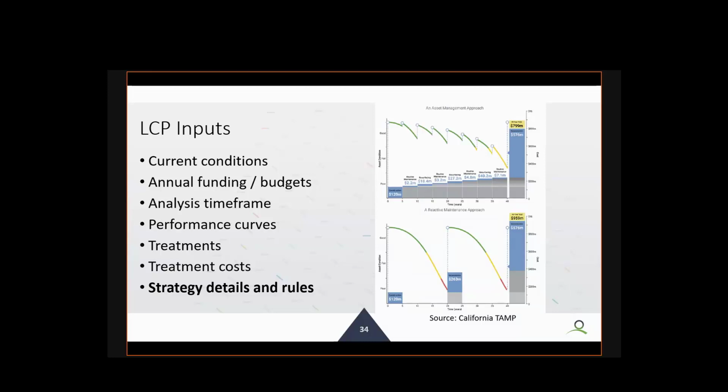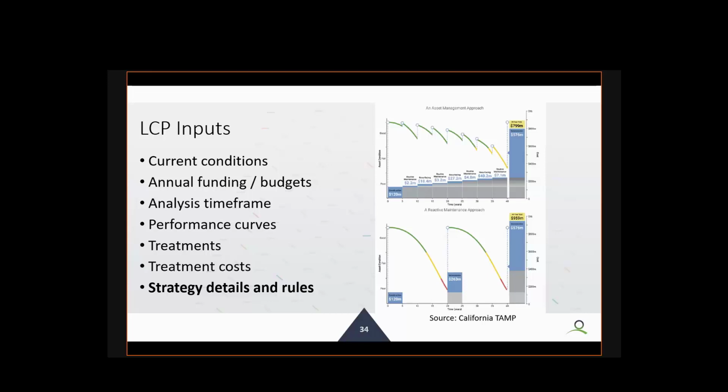All right. So when you put all this together, it starts to give you an idea of how you determine when is the right time to deliver these treatments, and how you decide, if we don't have the funding to do every treatment that's appropriate, how do we pick the ones that will be done? Because typically what you're going to have is, for a given year, more needs than there is funding to address them.